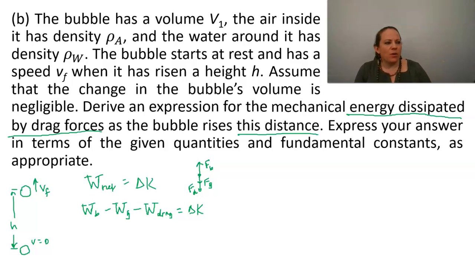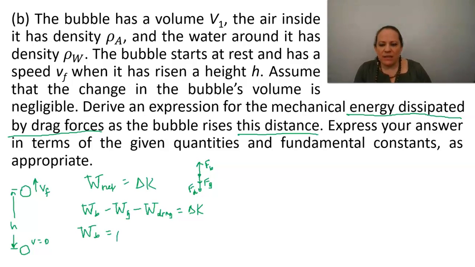Okay, so now we're going to need an expression for the work done. Yeah, we'll just write it here. So we need an expression for the work done by the buoyant force, and the buoyant force is going to be equal to the density of the fluid multiplied by the displaced volume.